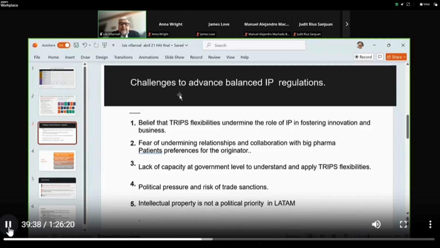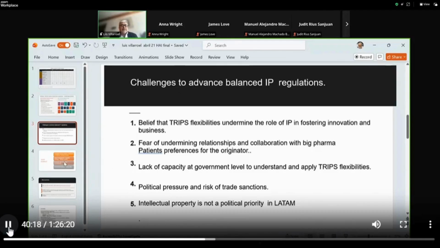The other is the fear of retaliation from drug companies, and also that even patients are not willing to accept the idea of a compulsory license and getting a generic, like has been the case in Peru with Trikafta, where the cystic fibrosis patients have dissociated from the request. And in short, on the political level, intellectual property is not seen as a priority.